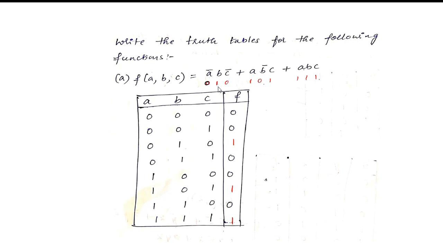So for the input combinations within the equation, you write logical one outputs in the truth table. Then the output for the remaining combinations is 0, right? You fill up 0 for the remaining combinations. With that, the truth table is completed. Understood?